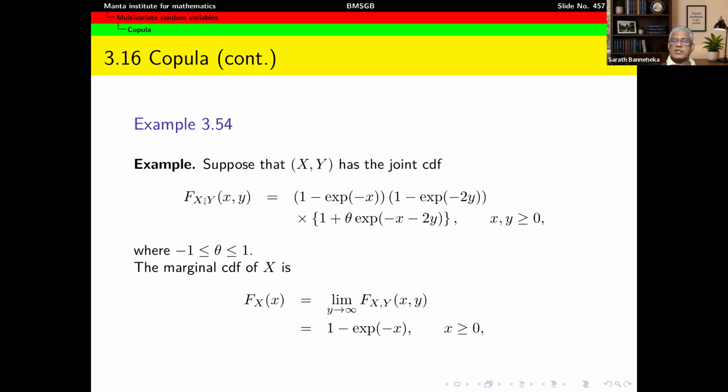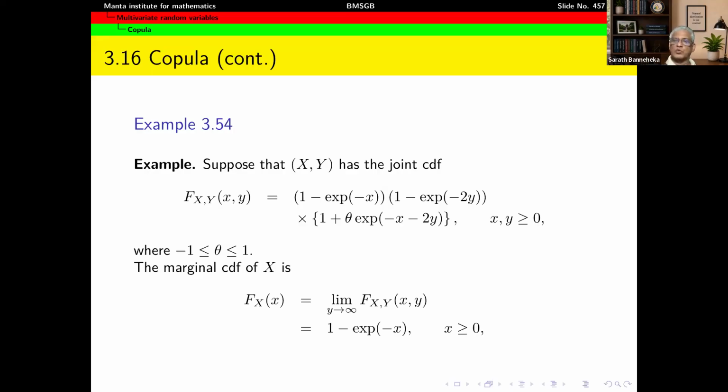Then we can obtain the marginal CDFs for X and Y by just letting y go to infinity. We can get the marginal CDF of X, and that is given by this expression. We need to identify the marginals to see that the copula actually separates the joint CDF, giving us the joint CDF as a function of individual CDFs.